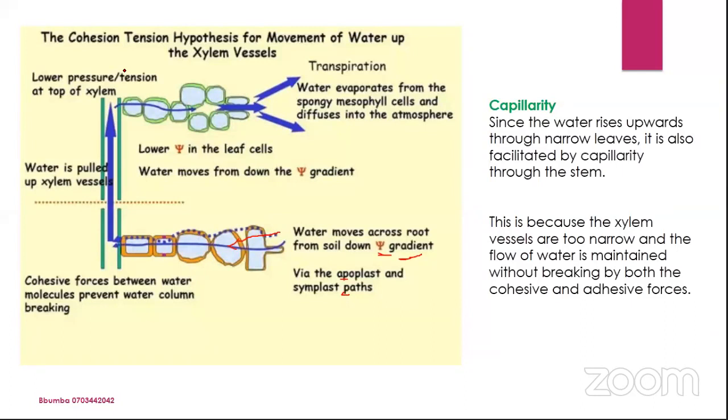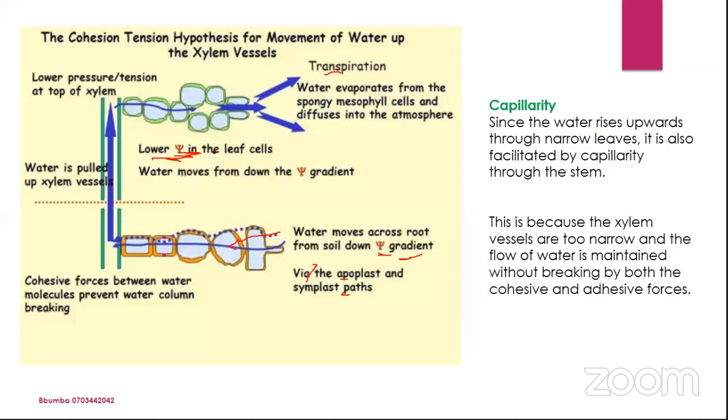Okay. So we are beginning from down here. So after that, you got cohesive forces between water molecules within the xylem. Then water is pulled up the xylem, and then what actually happens in the leaves, this transpiration actually happening. So water evaporates from the spongy mesophyll cells and diffuses into the atmosphere. When it has diffused, that lowers the water potential in the leaf cells.